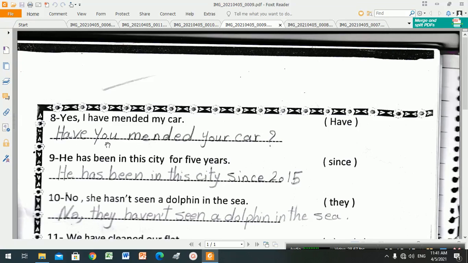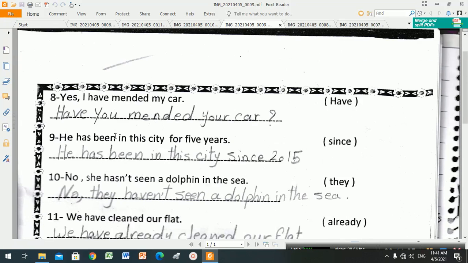I changes into you. So the sentence will be, have you mended your car? Of course, my changes into your in the question. Have you mended your car? I comes with my, and your comes with what?